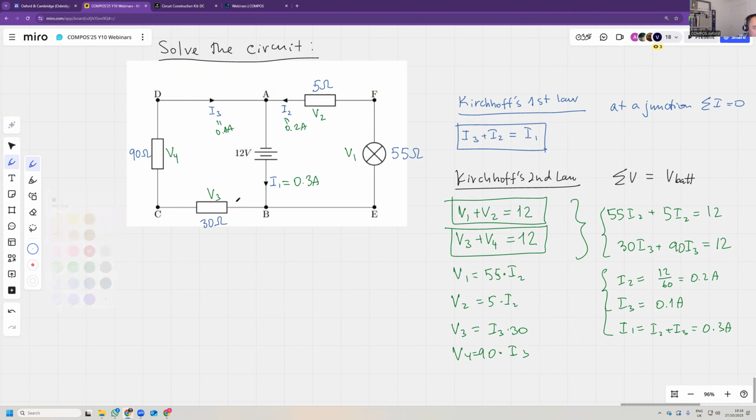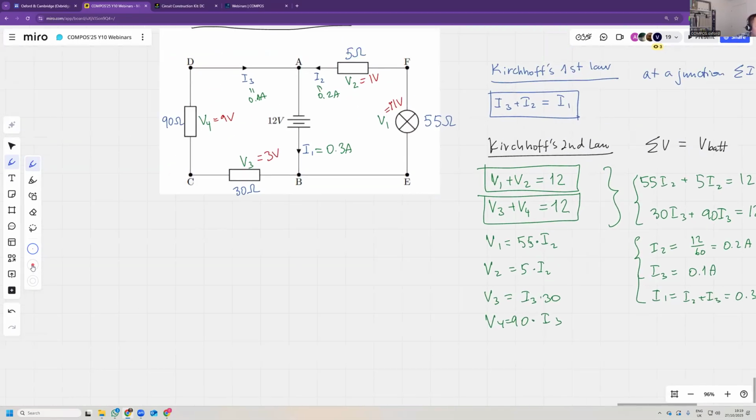Okay, and the voltages: V1 is 55 times 0.2, that's 11 volts. This is 1 volt. Oh, yes, of course. This is 30 times 0.1, which is 3 volts. This is 9 volts.